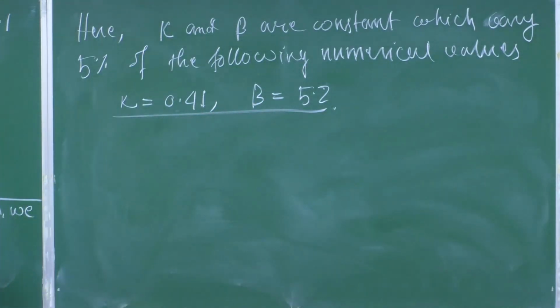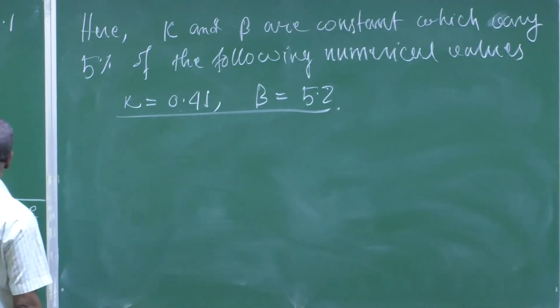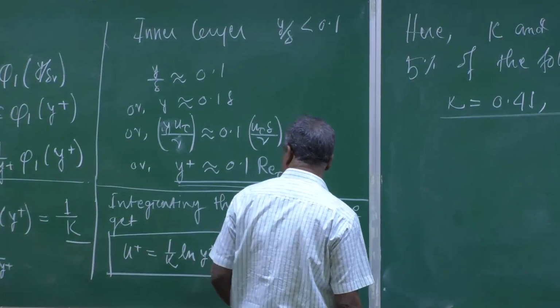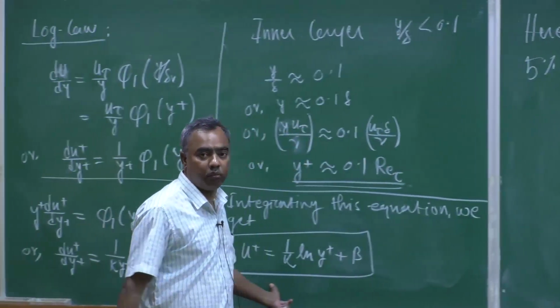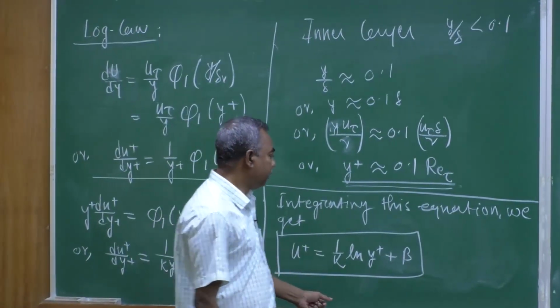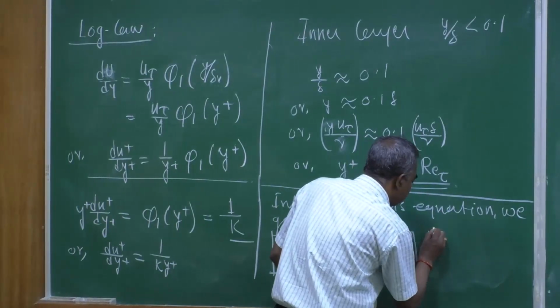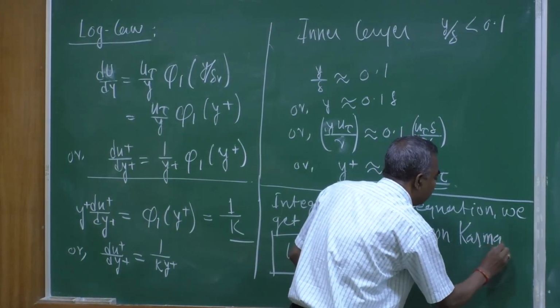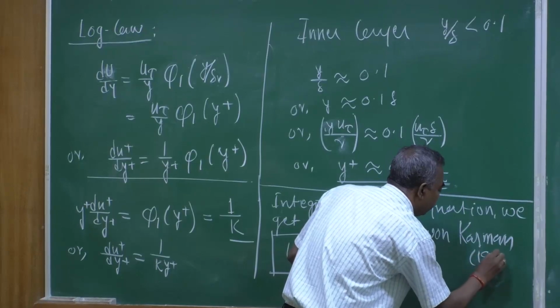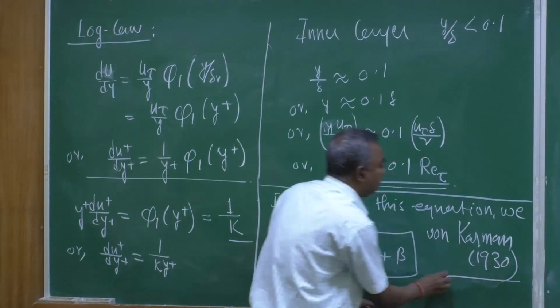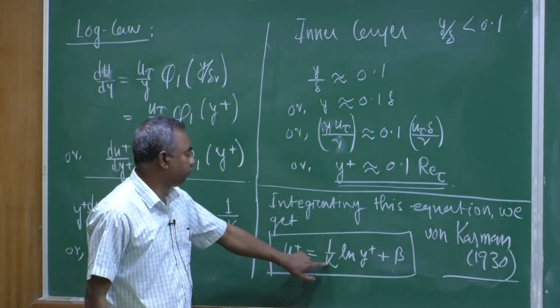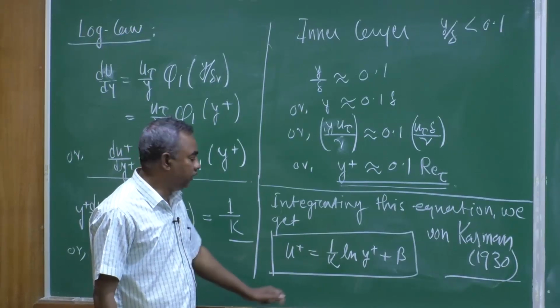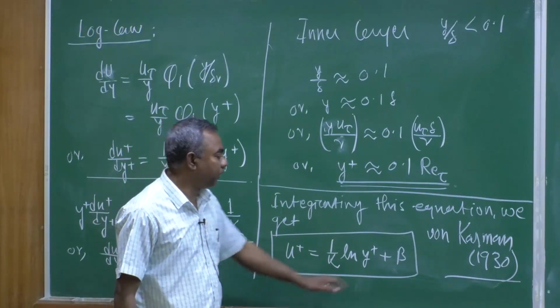But anyway, this law is after von Karman, 1930, and therefore the constant kappa is after his name.